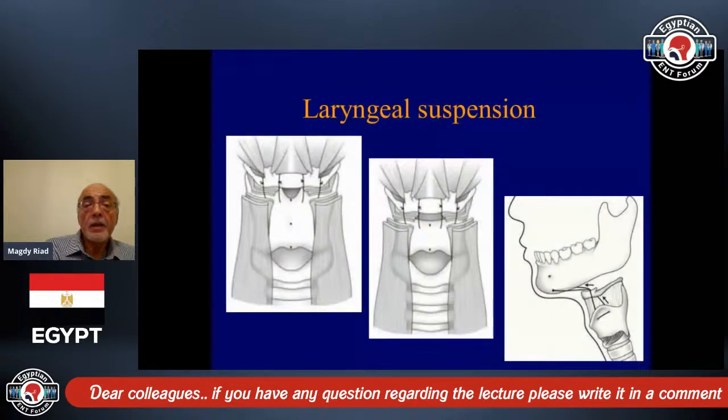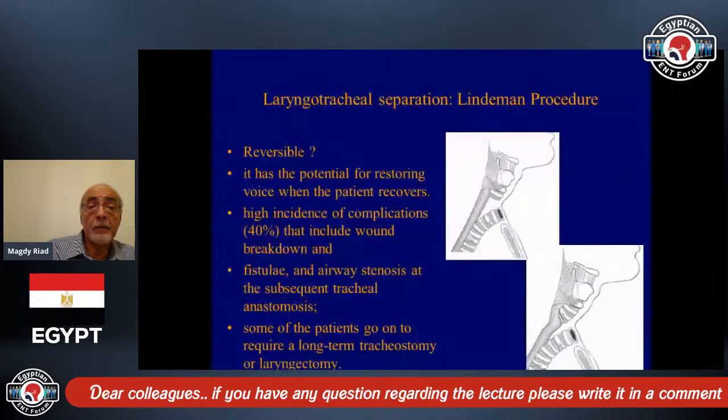There are other ways, again possibly reversible, in which you would do a tracheostomy and close up the proximal part of the trachea. You just close up, but that will leave a sump in here, and secretions would collect in here, and you get infections, and you have very bad healing.